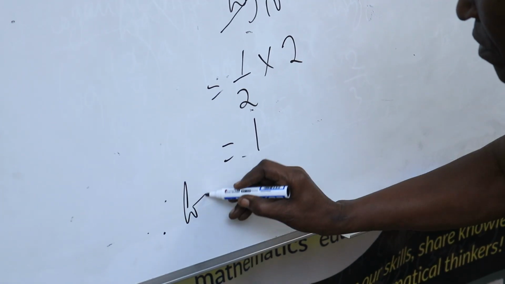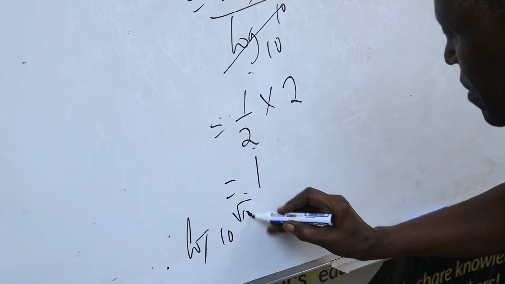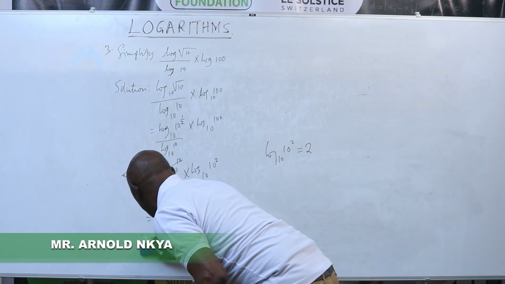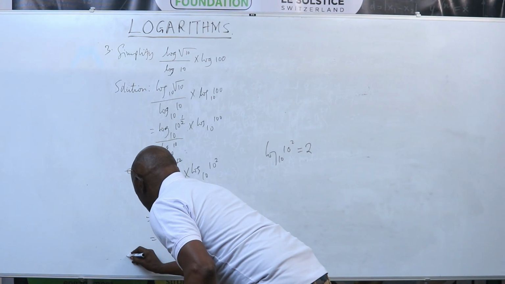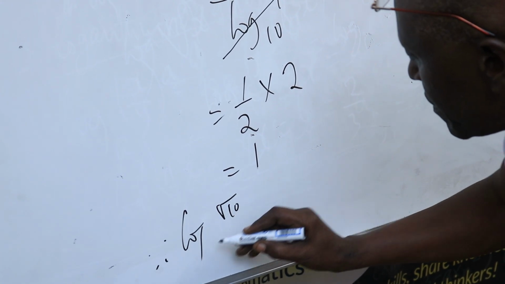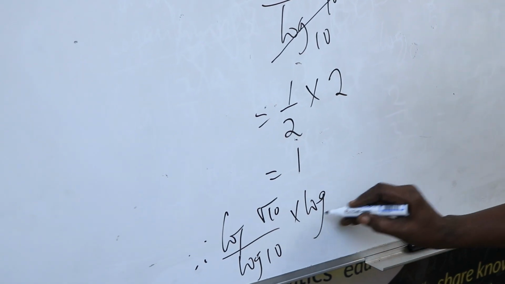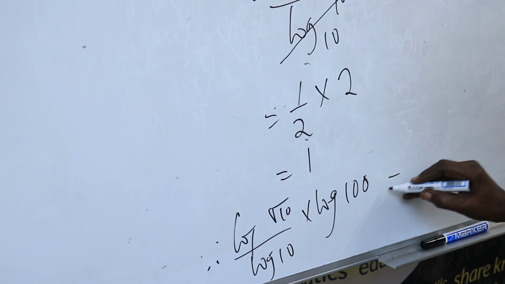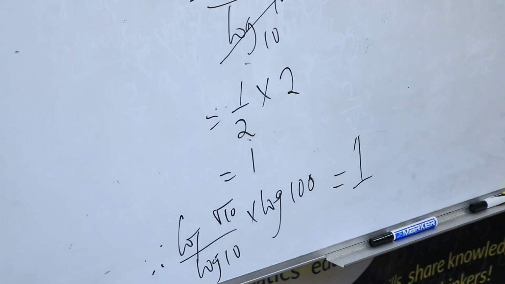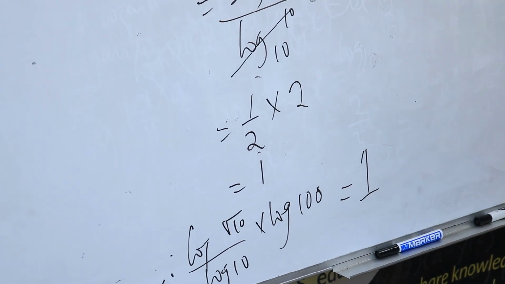Therefore, log root 10 over log 10 times log 100 equals 1. That is the solution for question number 3.